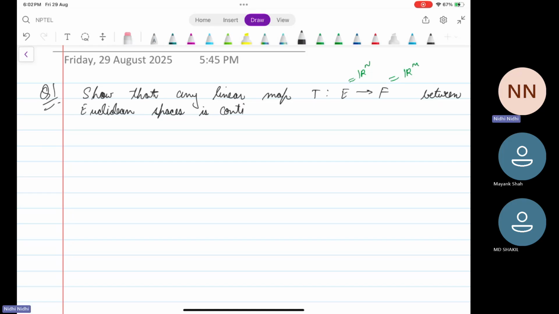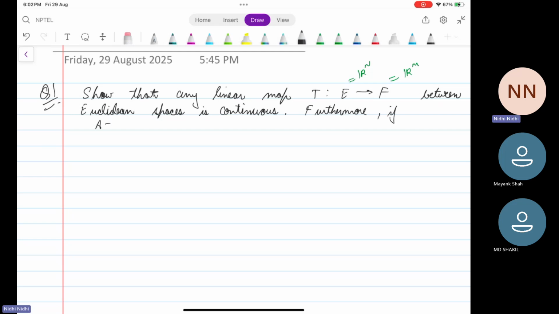Moreover, we'll see something about its differentiability as well. Furthermore, we know that every linear transformation defined on finite dimensional spaces can be represented as some matrix.